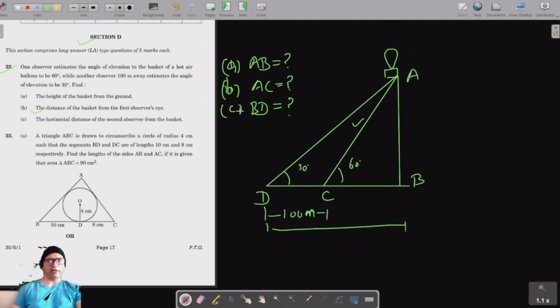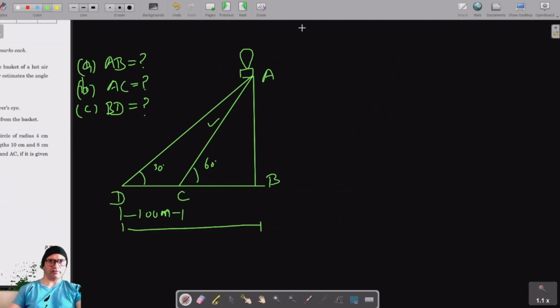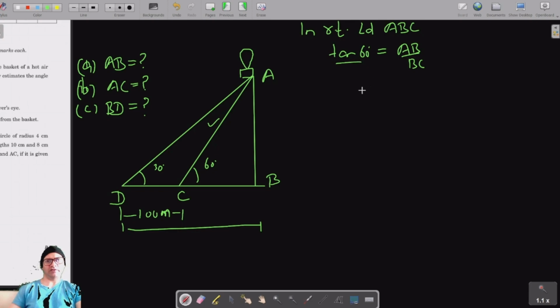Now let's find out AB, that is the height, and for that let's take this right angle triangle ABC. If we use tan 60, which will give us AB by BC, and tan 60 is root 3.